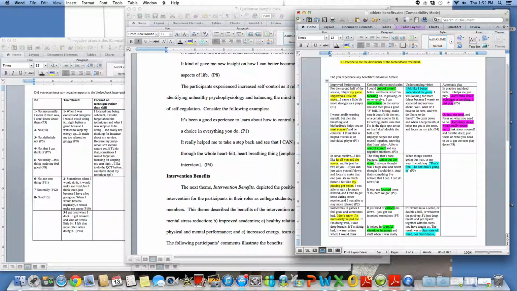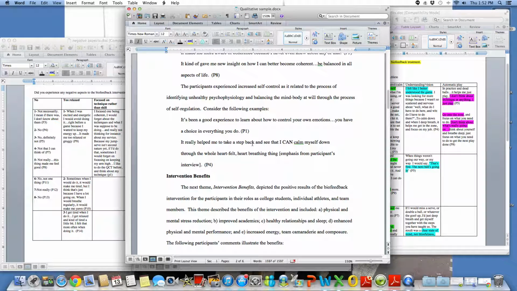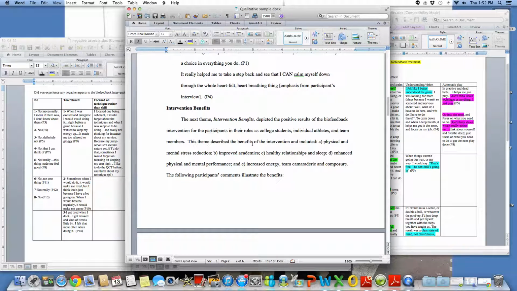And then the 4 areas came out of the benefits of improved performance, concentration, control, and calm, understanding vision, and then automated play. So again, now we go back to our paper, and this is our second theme, intervention benefits.